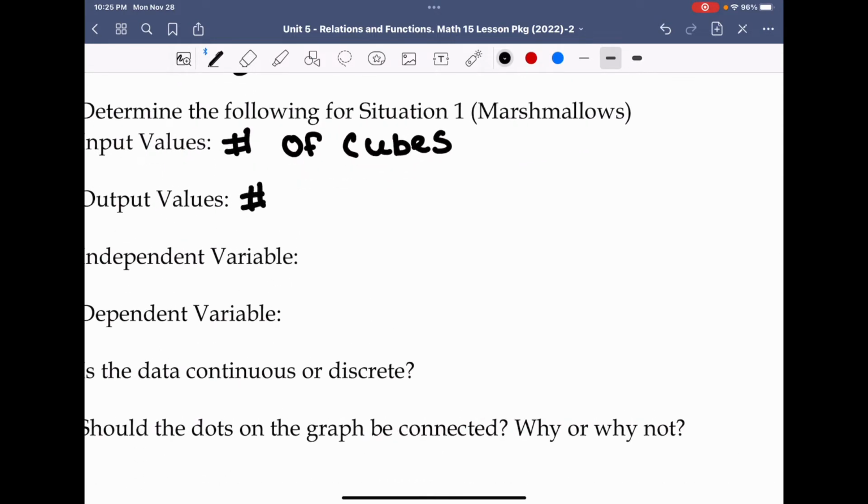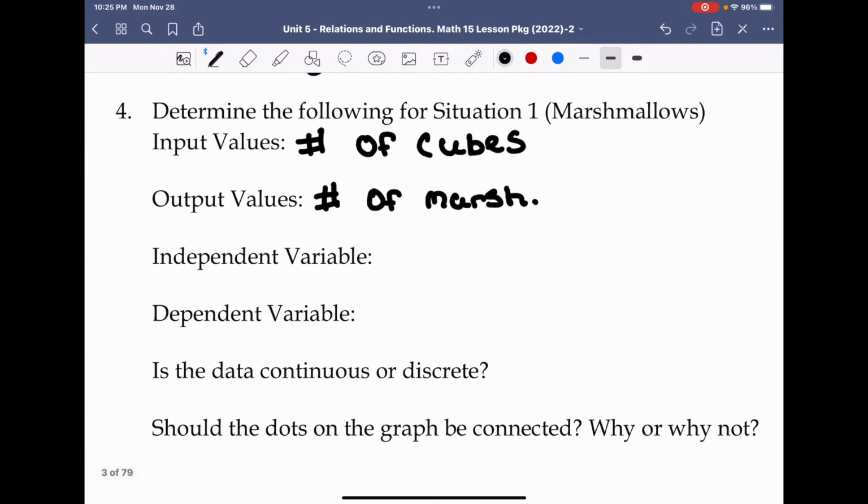So number of marshmallows, which our short form is there. Now, our independent variable, just like we said, is directly connected to our inputs. So it is the number of cubes. But actually, I'm going to be a little more direct. Let's put number of cubes.